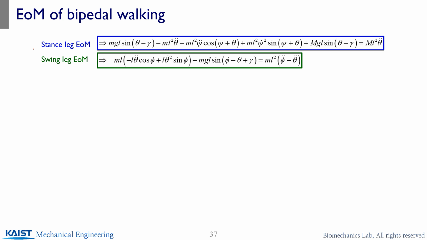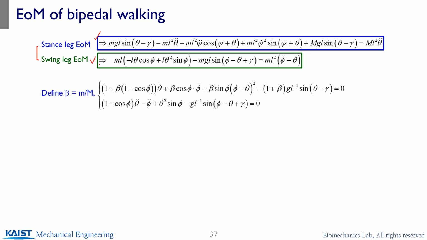Okay, so if we obtain that, we have the stance leg equations of motion like this and the swing leg equations of motion like that. It looks a little bit complicated, so let's make it a more simplified form. Let's define the ratio beta as the mass ratio between the swing leg mass, small m, and capital M. So we have equations in terms of beta.